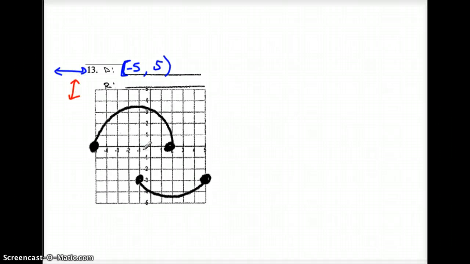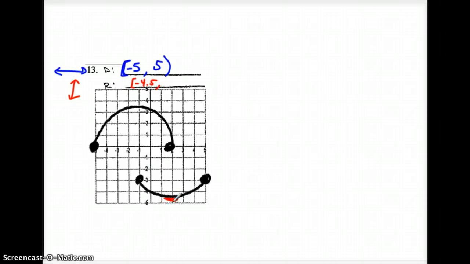Now the range up and down, let's see. Ooh, I forgot about this on this graph. We'll just call this a half here, because it looks like I kind of bottom out right here, and we'll call that -4.5. And we'll put a bracket since it's touching.